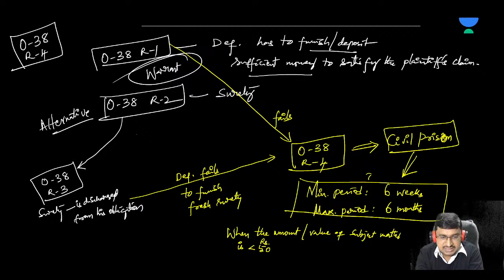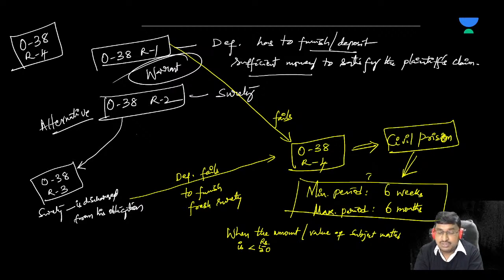The proviso says that no person shall be detained in prison under this rule for longer than 6 months, nor for longer than 6 weeks when the amount or value of the subject matter of the suit does not exceed 50 rupees. Therefore, it must be more than 50 rupees. Under those circumstances, the minimum period of civil prison is 6 weeks and the maximum period is 6 months, friends. Provided that no person shall be detained in prison under this rule after he has complied with such order.